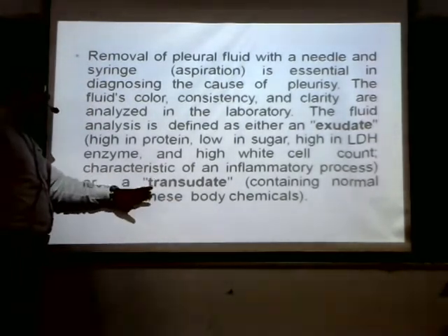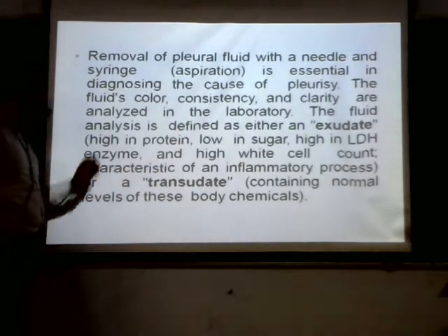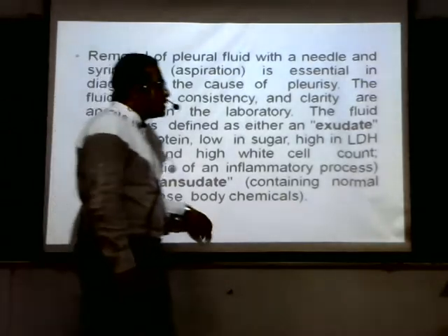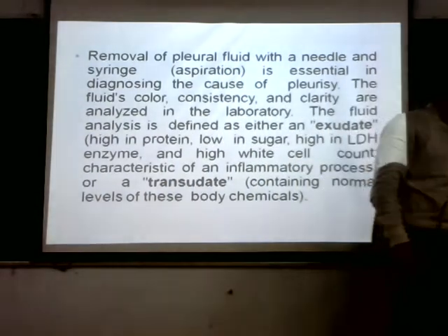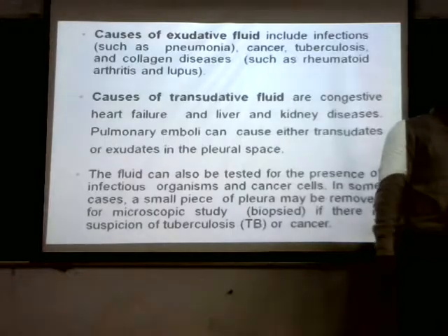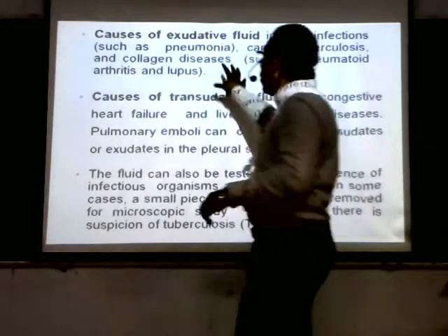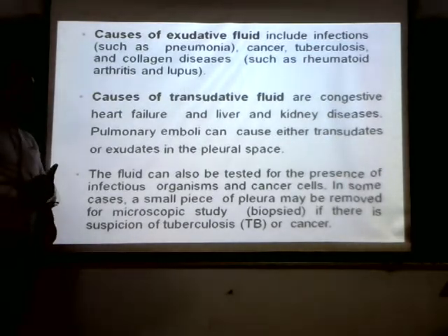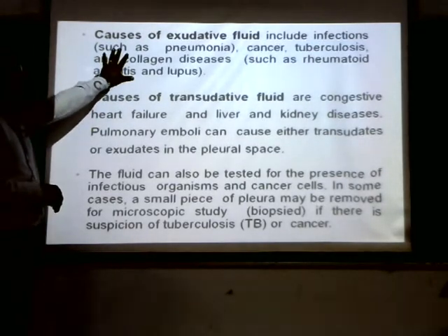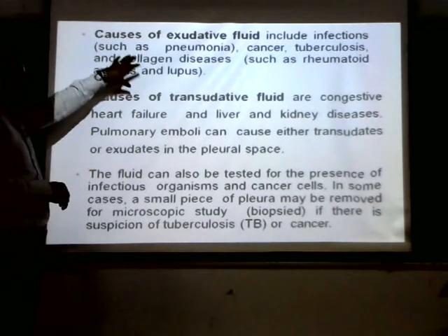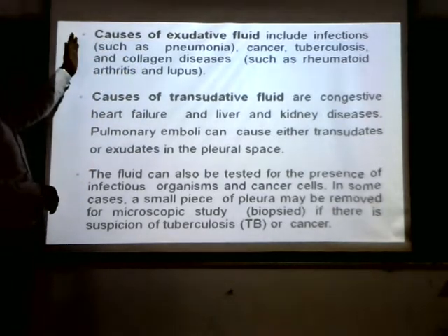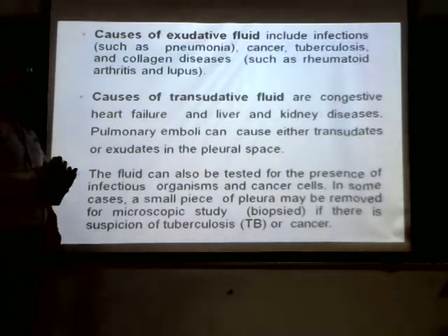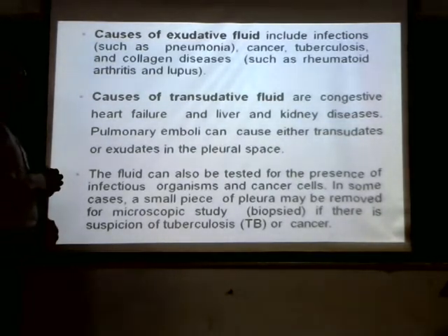So if it's due to inflammation, it is known as an exudate, and a transudate has normal protein, sugar and LDH enzyme levels. What are the causes of exudates? If you are able to differentiate between a transudate and an exudate, then with an exudative fluid you are sure that some type of inflammation or infection was there, such as in cases of pneumonia, rheumatoid arthritis, or lupus erythematosus.